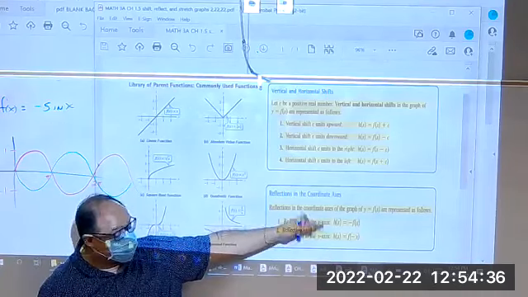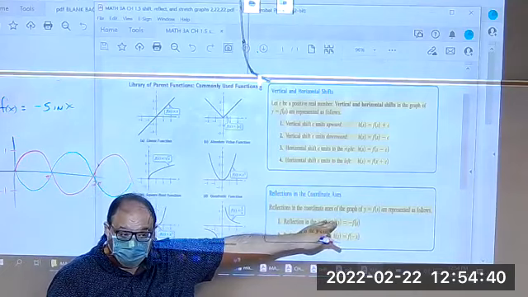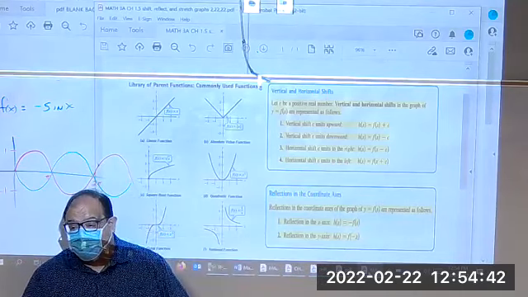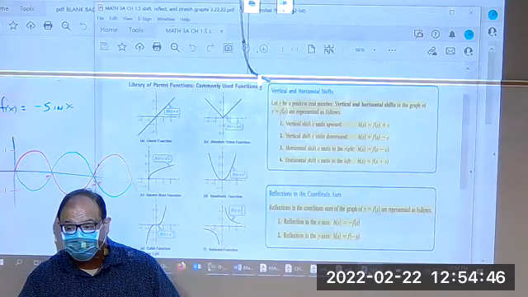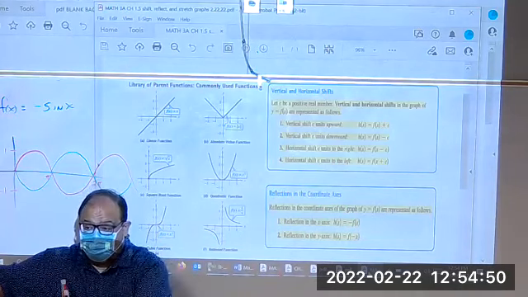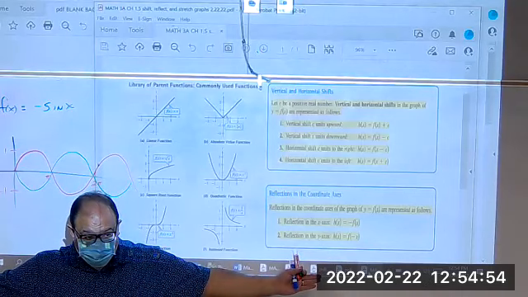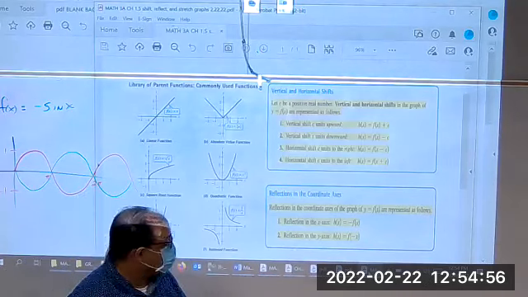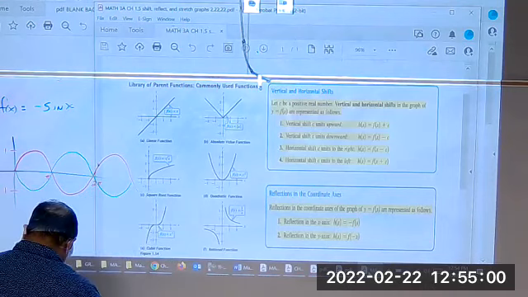So reflection across the x, you change the sign out in front of the function. If you change the sign on the x on the inside, you're going to flip it from right over to left, left over to right, across the y-axis. Okay? For instance, the parent function of square root.